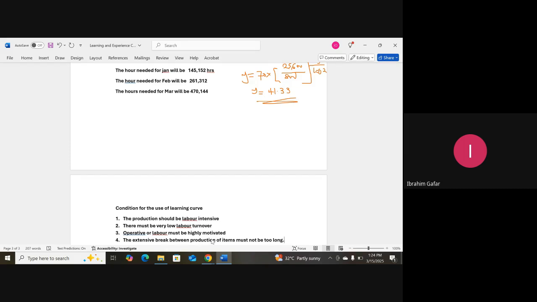So if the break is too much, the workers will forget the experience. Do you get it now? They will forget whatever experience they acquired. If I'm trying to teach you something and I give you too much break, you forget and will not remember all of it. So I have to come back again and we start all over again.